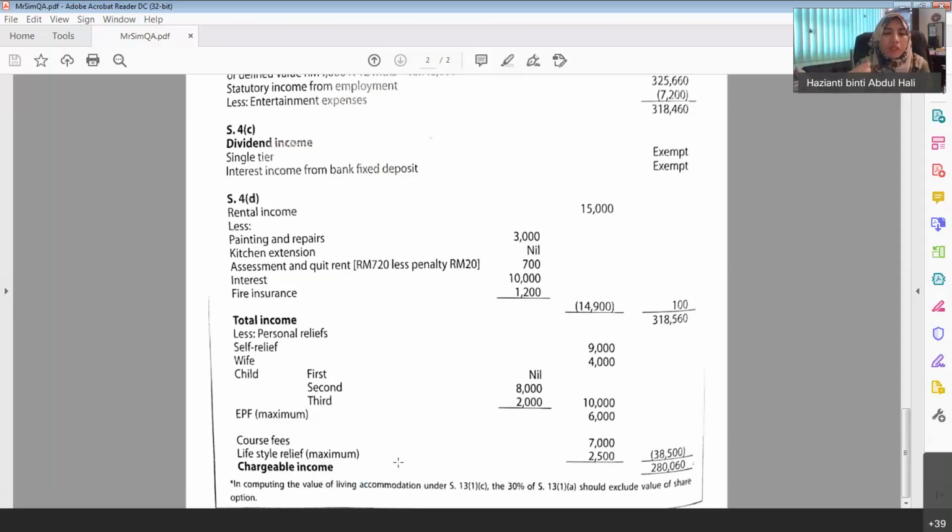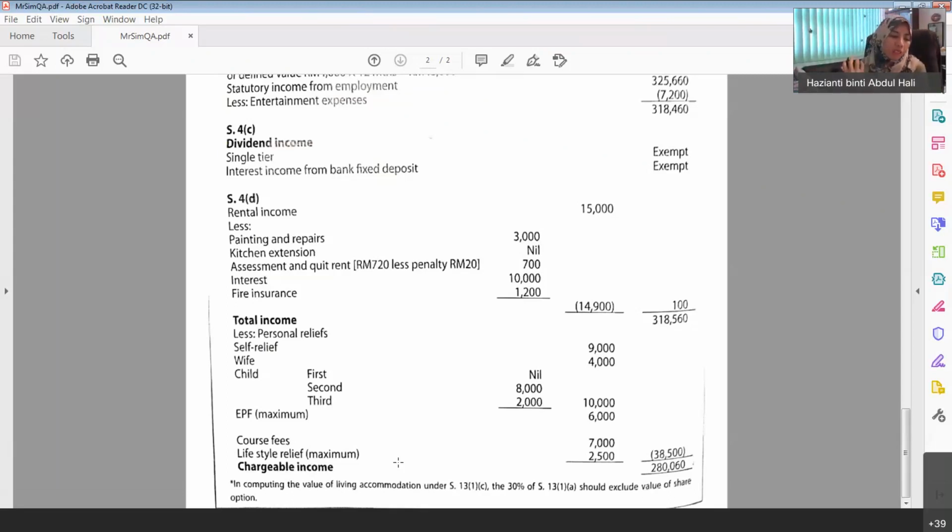Or you claim special needs for the parents kan yang tadi 5,000 tu. Mesti ada surat dari doktor. Doktor kata oh parents ni ada sakit sekian-sekian so kena makan ubat yang special ni, yang mahal ni. Ada surat daripada doktor. Then only you can claim. You cannot simply letak je ikut suka hati no. Mesti ada bukti. Sebab nanti income tax and all the bukti bukan boleh simpan setahun je, simpan for 7 years. Sebab sometimes dia randomly boleh buat tax audit.